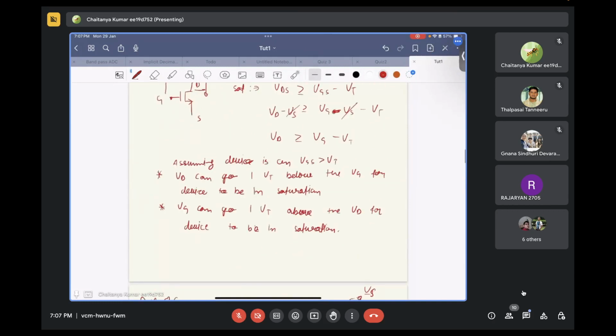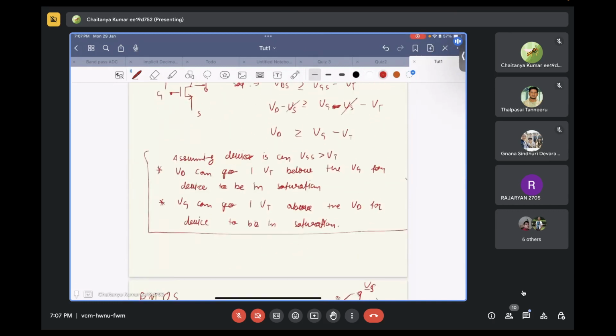Now, the two statements that we had over here for the NMOS, let's try to repeat these two statements for PMOS.